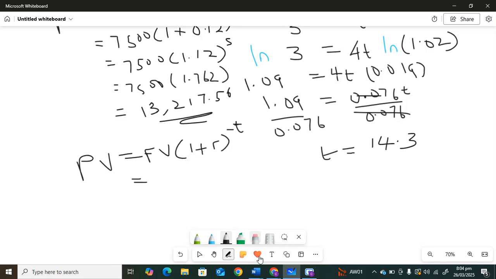So our future value in this question is 15,000, because, as I said, the formula can be rewritten as this. Now remember the law of indices? When you have a negative exponent, it's the same as what?